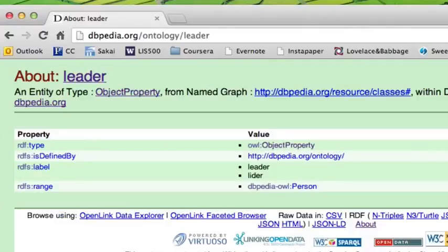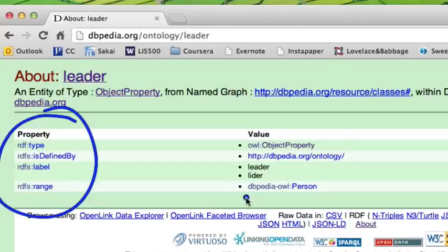Let's take a look at the DBpedia entry for the entity leader. Now, again, it's declared in RDF and RDFS, and the range, that is to say, the way in which this entity is constructed, is that it is an instance of the DBpedia entity person, right?